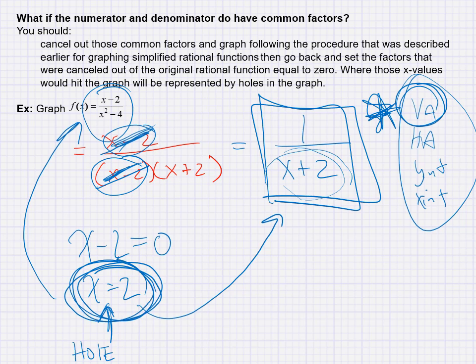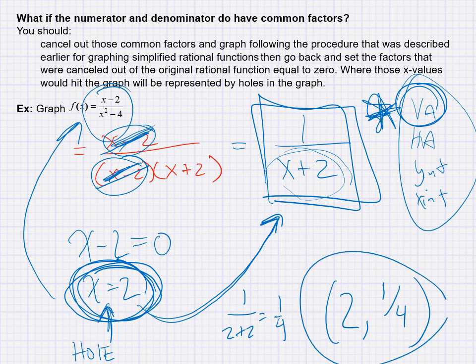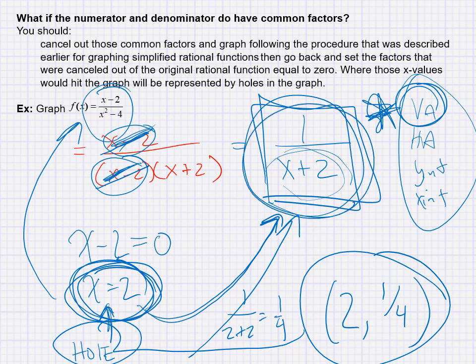To find the y value, I will plug it into here because I can, because it doesn't make that denominator 0, and I'm going to get 1 over 2 plus 2, which equals a fourth. So essentially the point 2 comma 1/4 will be a hole in the graph of this function, and then everything else about this function can be found using our normal steps.